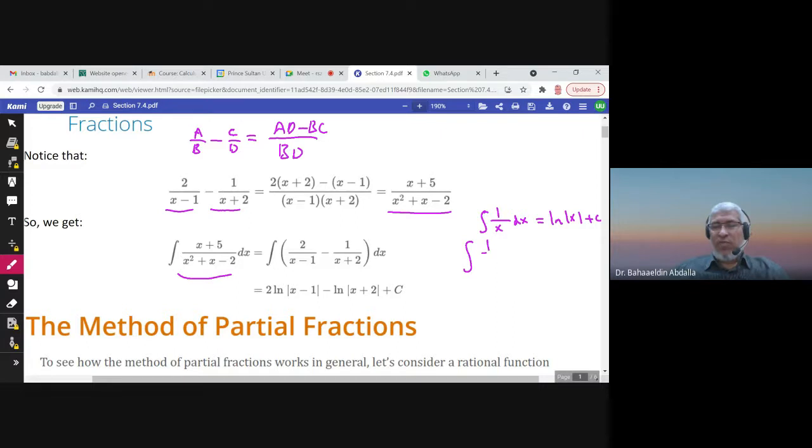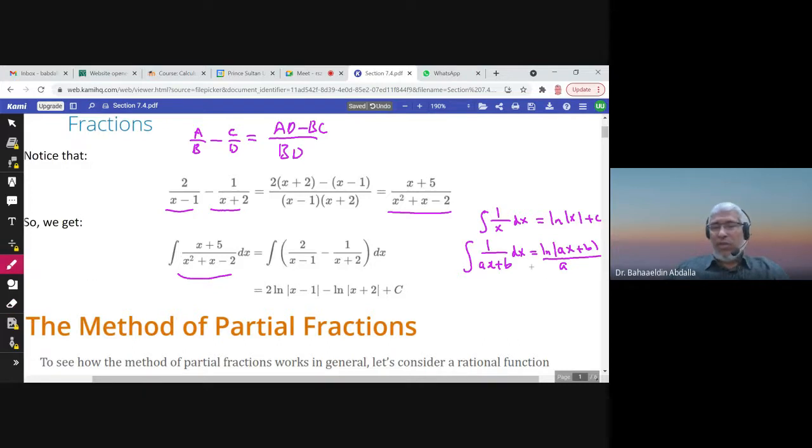And when you have ax plus b here, then the integral would be ln ax plus b over a, the coefficient of a, or the derivative of ax plus b plus c.